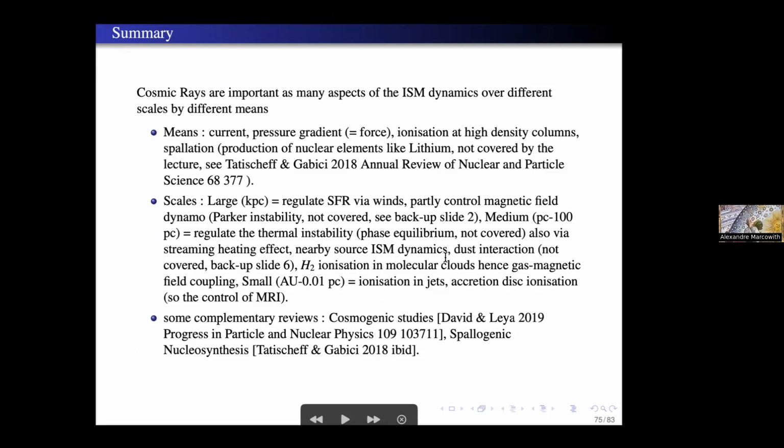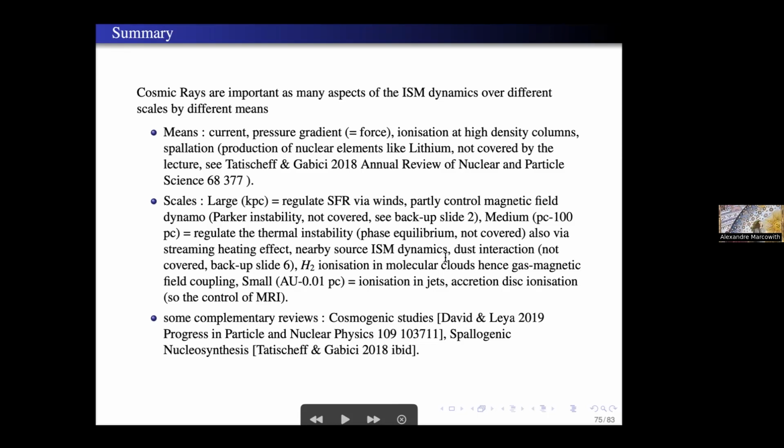So my takeaway message is, of course, that including cosmic rays in ISM dynamics at all scales is new. There are some results starting to make a consensus that you indeed have some regulation of star formation via winds at large scale, but by a factor of 2, as I told you, which is a bit sensitive to the cosmic ray transport model, which can be constrained by the gamma-ray observation.